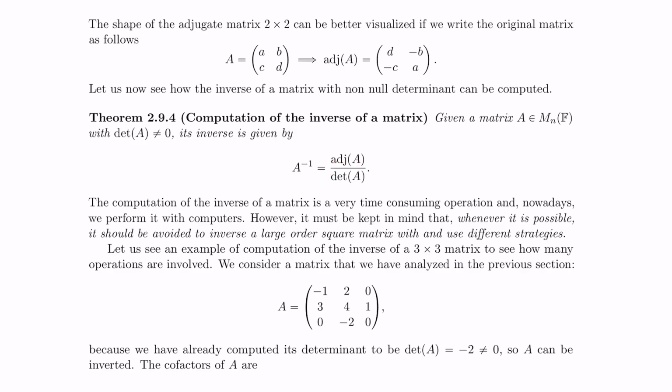Let me tell you immediately that the computation of the inverse of a matrix is a very time-consuming operation. Nowadays, we just perform it with computers. However, even with computers, recall that whenever it's possible, it's better to avoid performing inversions of large matrices and use different strategies.